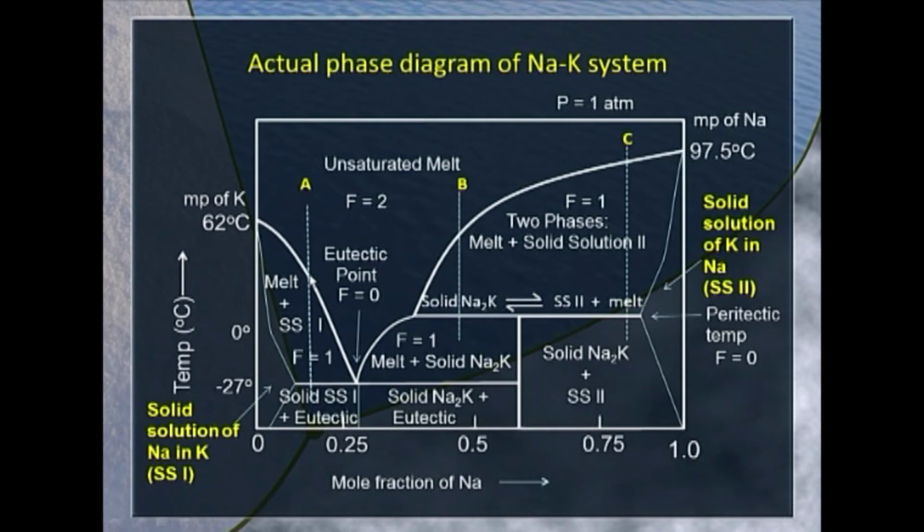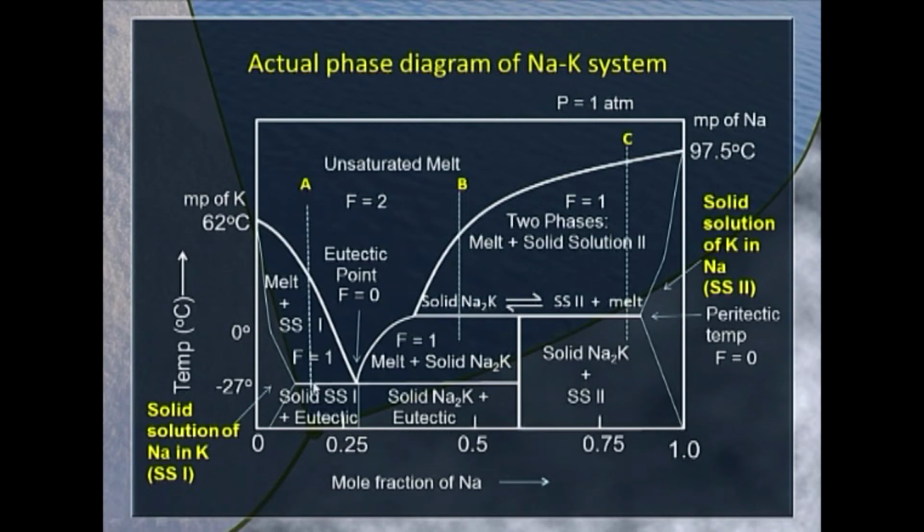In this case, solid solution 1 makes its appearance, number of phases become 2, number of degrees of freedom become 1. That means cooling can continue along this line.